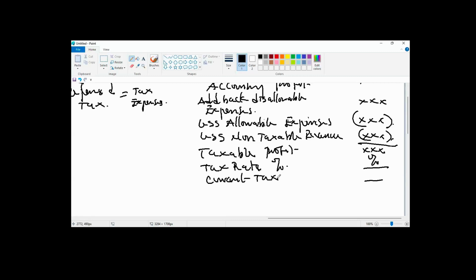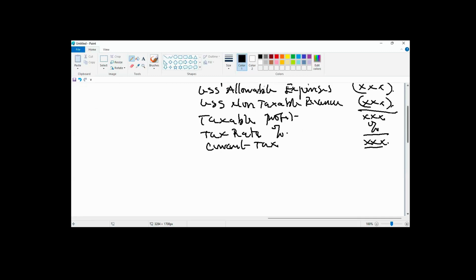Don't forget the current tax is being affected by last year's tax, under provision or over provision. This is my current tax. But last year's tax, you could have paid correctly or not, because tax is an estimate in the financial statement. When we are running the theory, I will tell you everything. So if they ask you current tax, is it tax paid or recovered in the current activities?